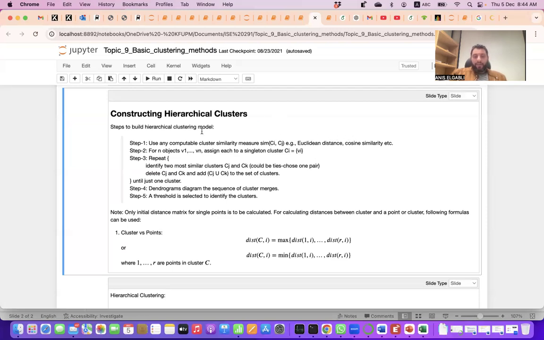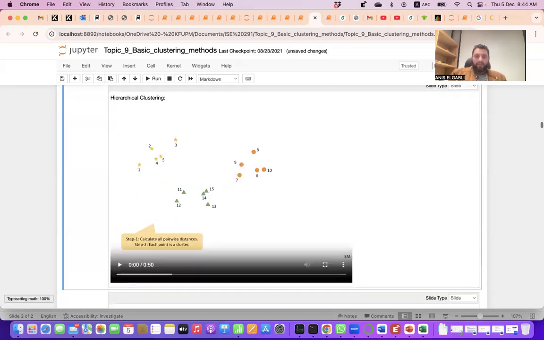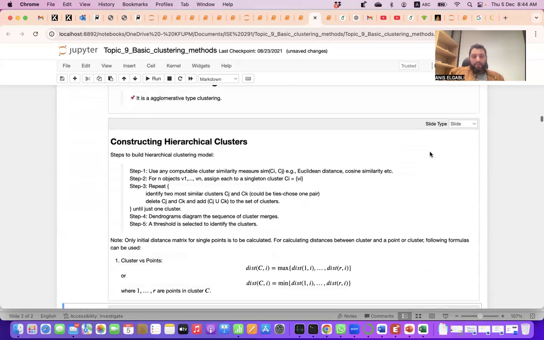If you have multiple clusters after a couple of iterations, you will measure the distance between every cluster and every other cluster, and you merge the clusters that are the most similar. I'm using the word distance here, but the word similarity is what we should use in general, because similarity could be the distance, or could be something else.